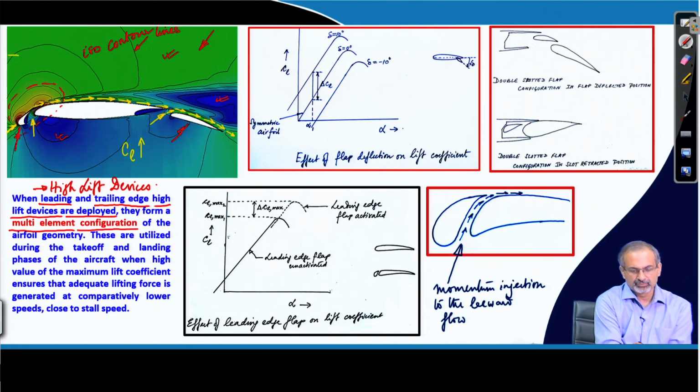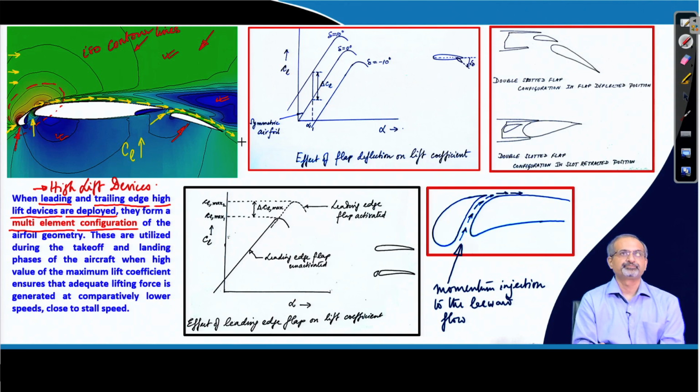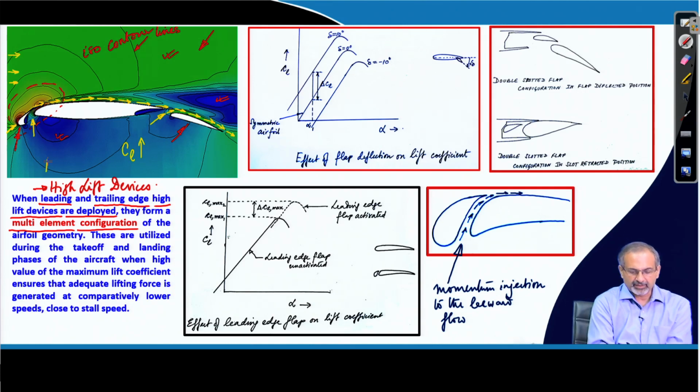It is not a uniform flow which is really moving horizontally. That is another aspect that you have to notice. So, there is a lot that you can actually interpret from the pictorial representation of the flow. This is a kind of flow visualization also that we are doing. We are visualizing the flow by using the numerical data.